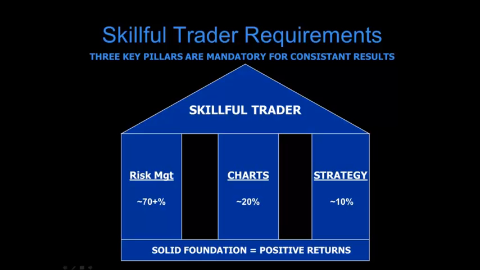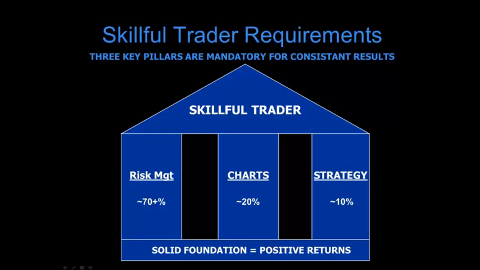Well, what I basically mean here, going left to right on these pillars, these foundational pillars, if you will, once you understand your risk management, which includes not only my stop loss for the trade, or when I'm going to get out, but also how much I'm going to bet on the trade as a percentage of my overall portfolio.